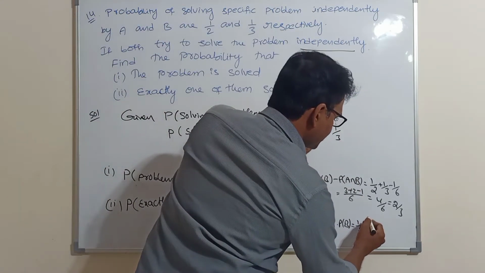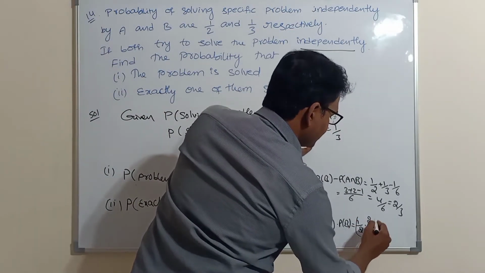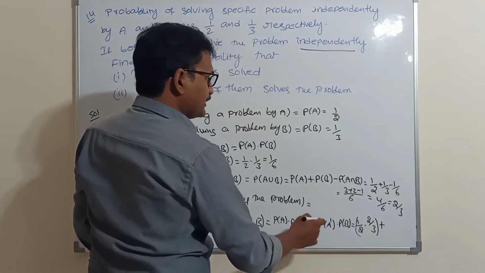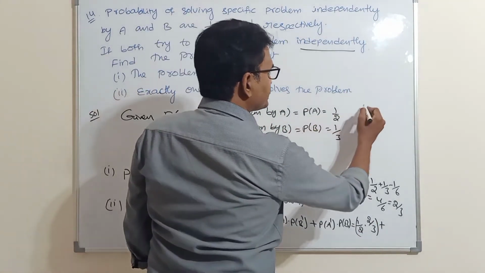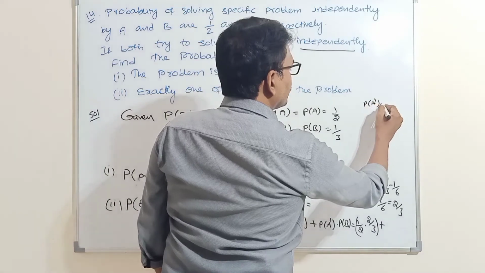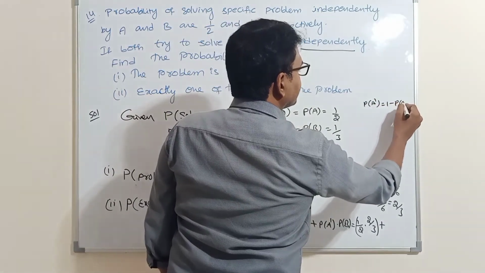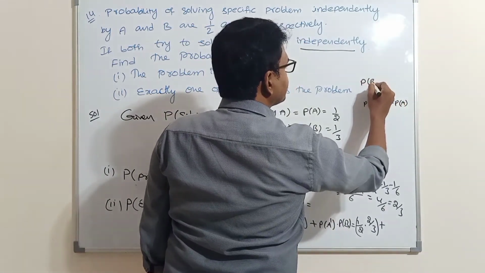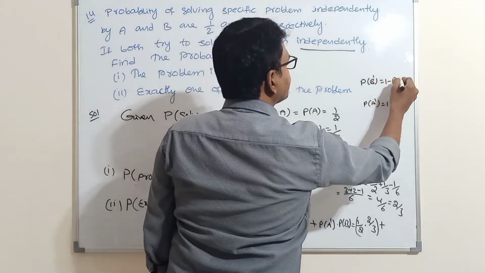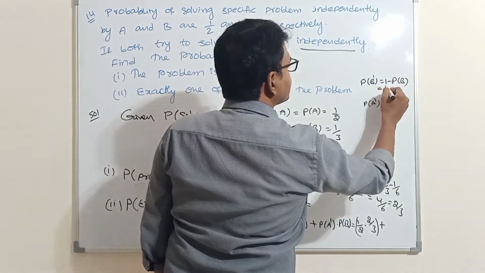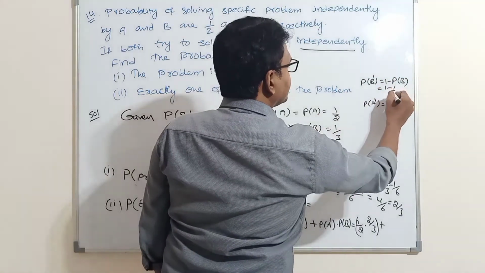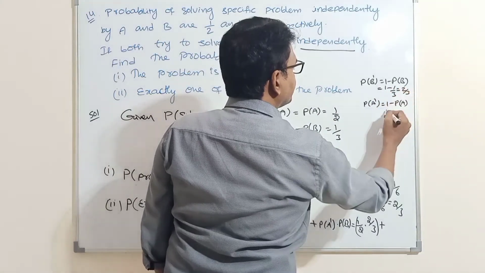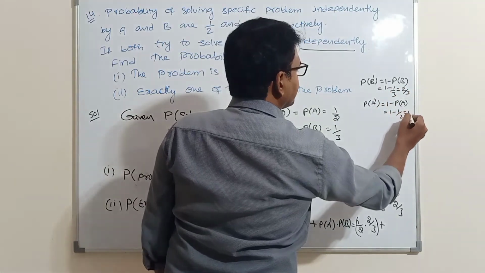1 minus 1 by 3 is 2 by 3, plus P of A dash. P of A dash means 1 minus P of A. Similarly, P of B dash means 1 minus P of B. 1 minus 1 by 3 is 2 by 3. Here 1 minus 1 by 2 is 1 by 2.